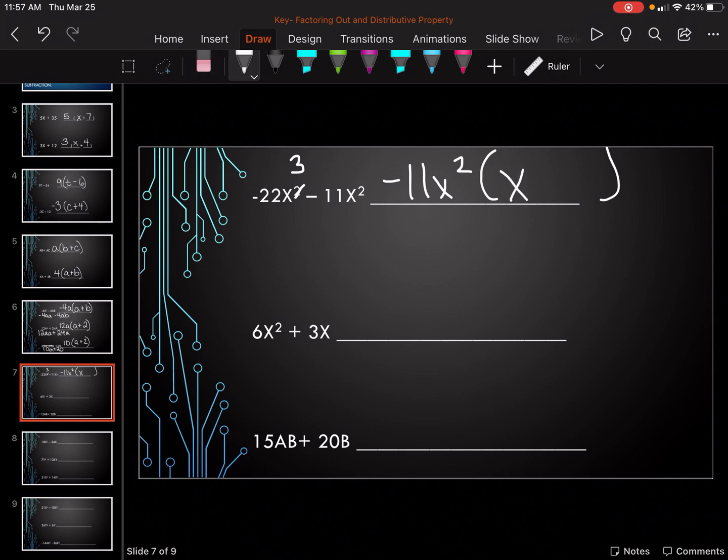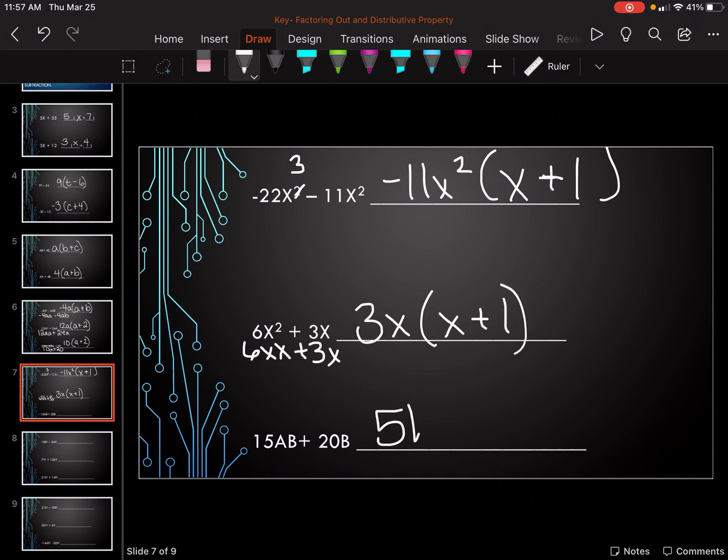And then this whole negative 11 came out, so that would be a plus 1. Because negative 11x squared times 1 gets me negative 11x squared. So here we have x times x plus 3x. So I can pull out a 3x. I would have x plus 1 left.